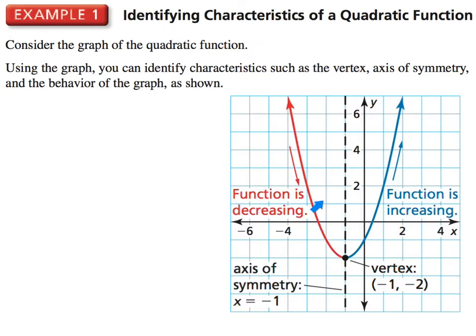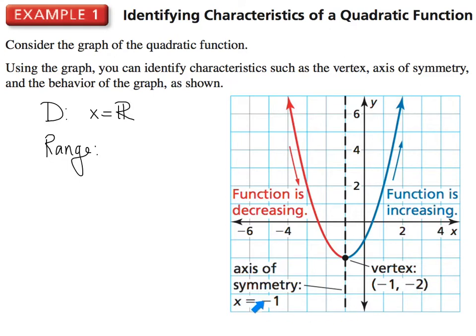What else could you tell me? Well, you could talk about the domain and range. The domain, in this case, is all real numbers. The reason why it's all real numbers is because the x value can be anything you want. You can plug in anything you want to this equation. The x value keeps going up. However, the range is different.